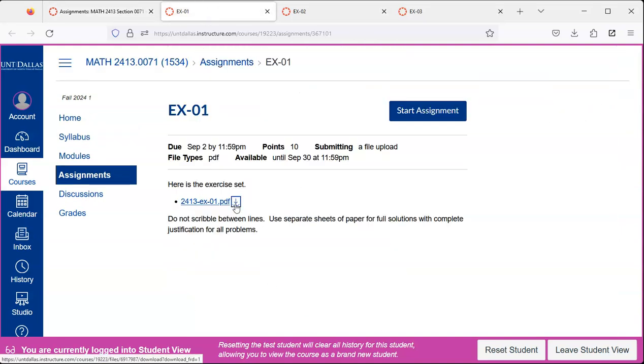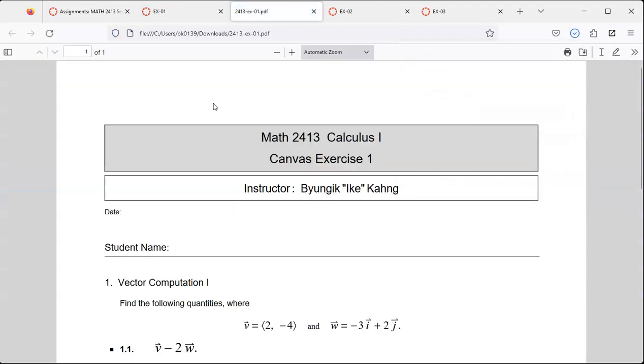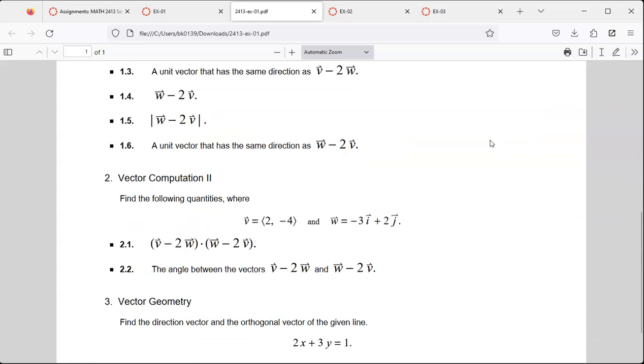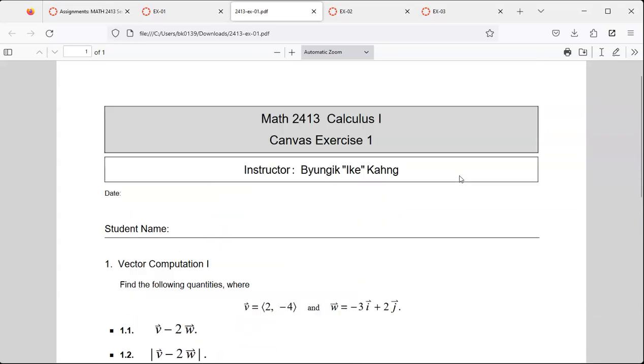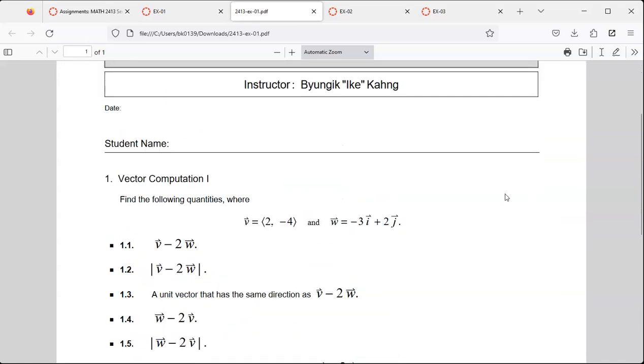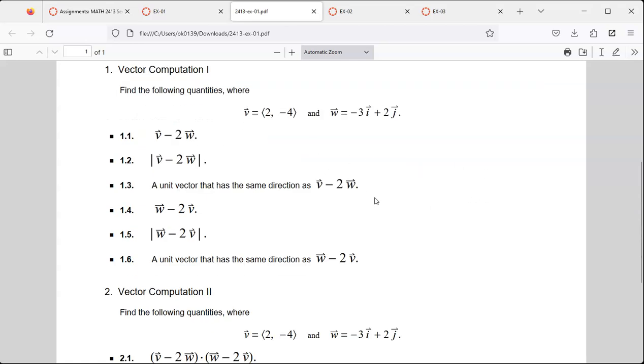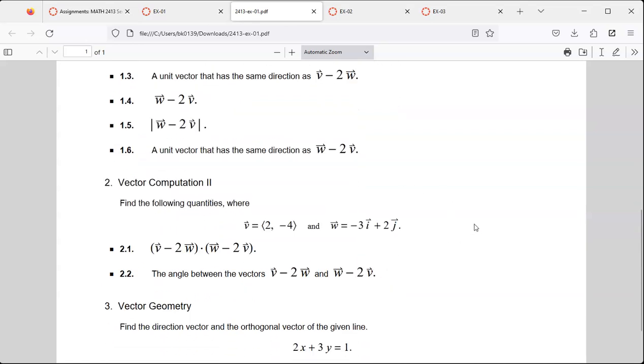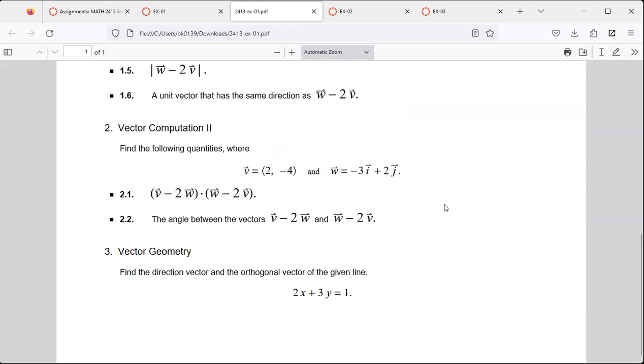Let me show you. First problem looks like this. It's a PDF printout from a mathematical problem set. We have a problem like this, and then we have to do this problem and answer those. Now we have some computations to do, but if you just write answers here, then the best you're going to get will be half the credit, 5 out of 10 if you're lucky, and if you're unlucky, 3 out of 10, because the justification part counts far more.